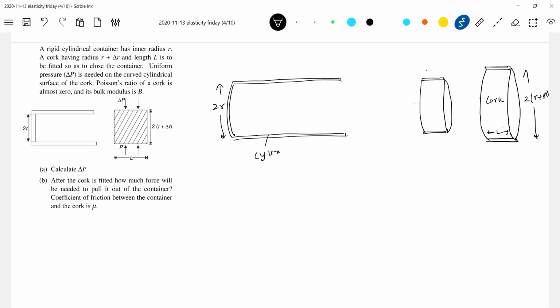Now, who will do this? By applying force, no? So how should I apply force? I should apply force in this direction. On application of force, you have to press everywhere, no? So that the force will be like this.